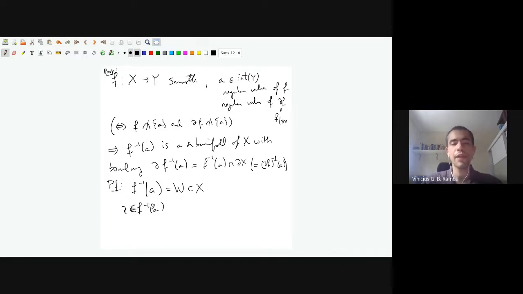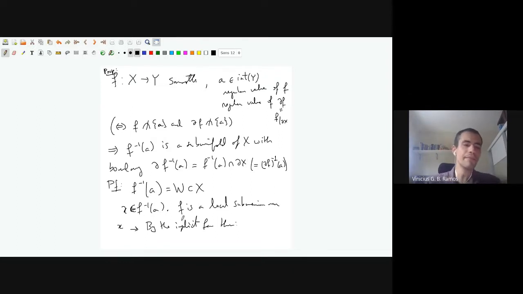and then you use the implicit function theorem to say, basically, because f is a local submersion near x, by the implicit function theorem, you can show that in the neighborhood of x, being in the preimage of a is the same as being on a; you can choose a chart so that you are on a linear space.